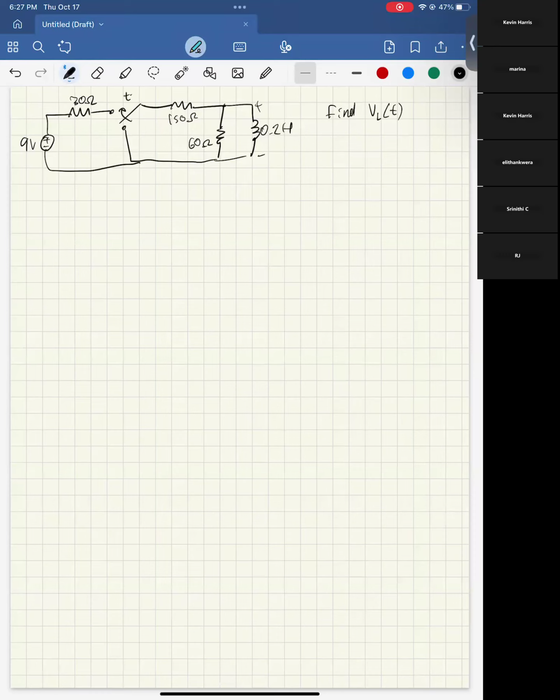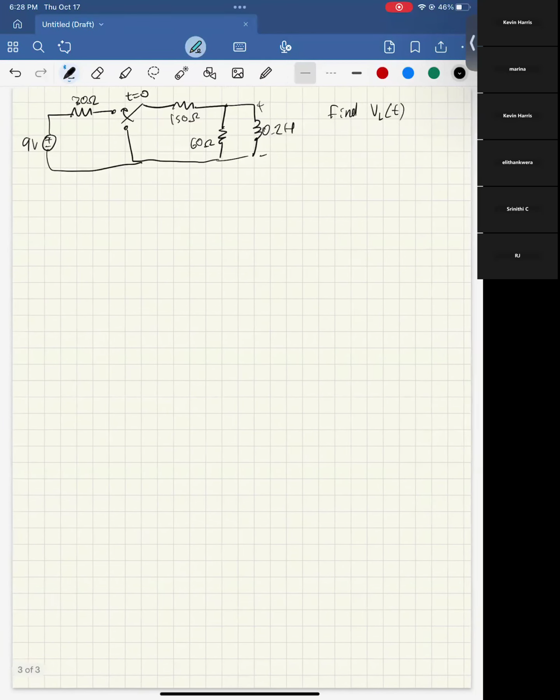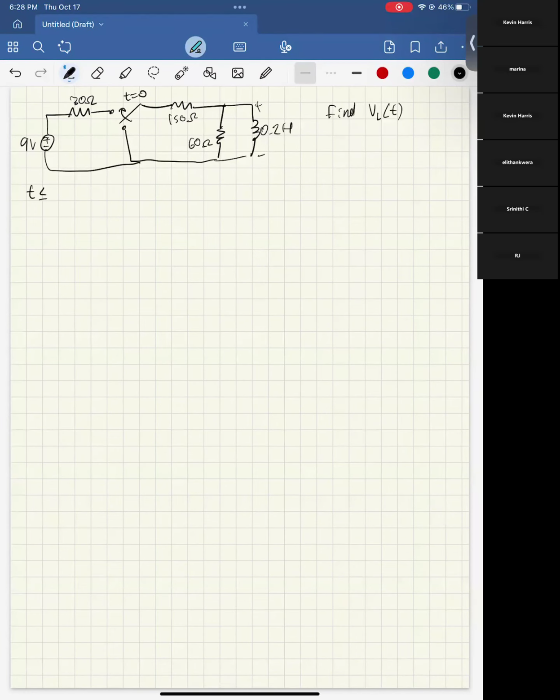At t equals 0, the switch moves. So the same way we did with capacitors, we're going to do this by analyzing the circuit before the switch moves and then after the switch moves. So for t less than 0, the switch is down. So we ignore this part of the circuit and we redraw the circuit as such.